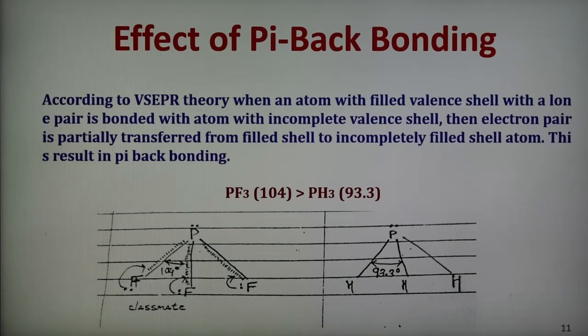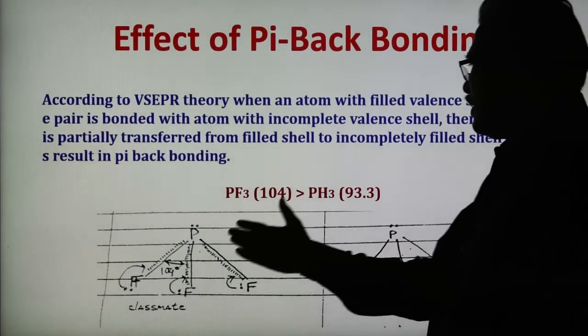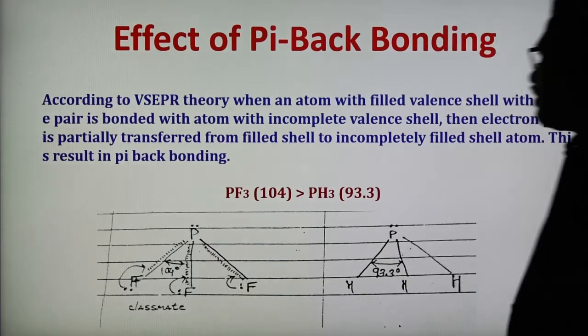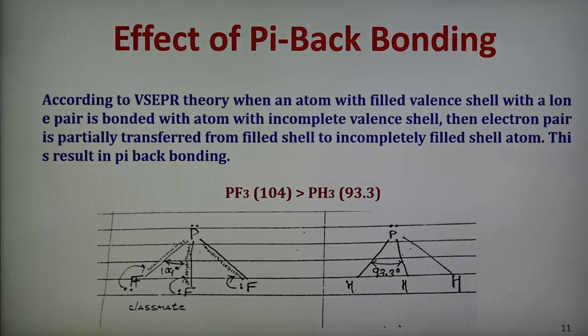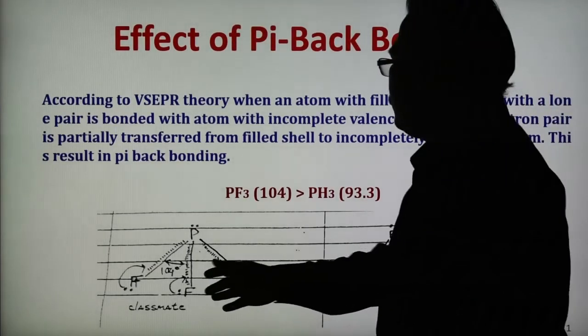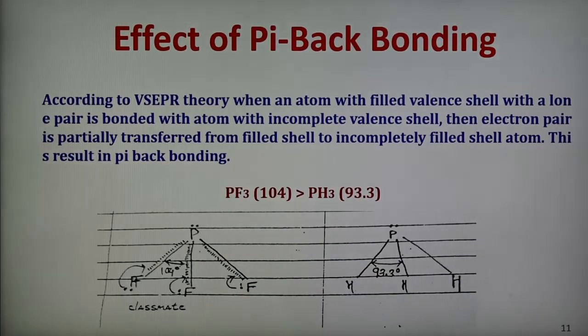Therefore in PH3 there are pure single sigma bonds, so the bond pairs have less repulsion with each other, and the bond angle in PH3 is comparatively smaller as compared to PF3. So this is the reason that PH3 has a smaller bond angle as compared to PF3. In this case there is pi back bonding, but in this case there is no possibility of pi back bonding.